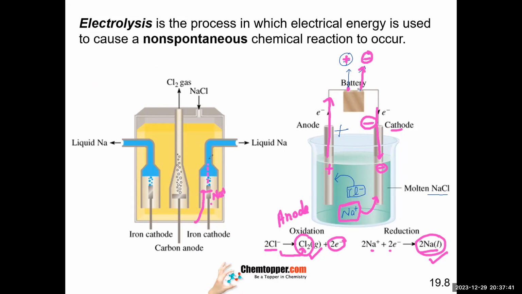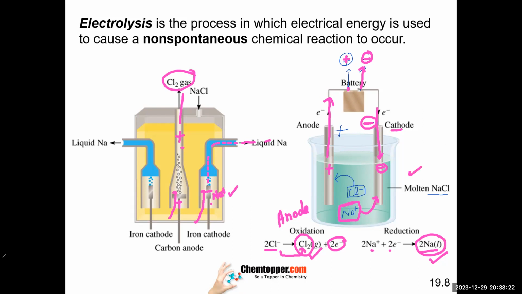And then you're getting liquid sodium here, which you are taking out. And here is your anode, the center one, which has a positive charge. Cl minus will enter here and they will get converted into Cl2 gas and you are taking them out. So they are not getting a chance to react with each other. They are in different enclosures, right? So we need a very special setup like this. But basic reaction is this only.